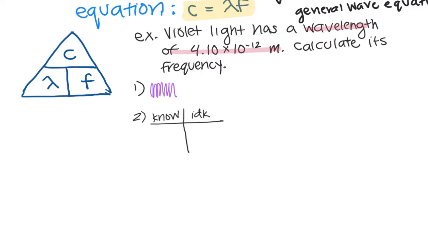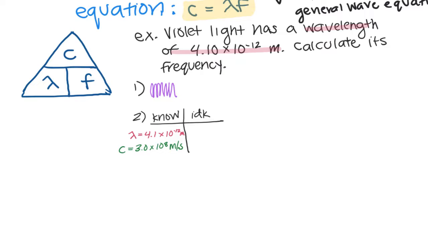So I can write out that lambda, which is the variable we use for wavelength, is equal to 4.1 times 10 to the negative 12 meters. The other thing that we always know is the speed of light, which is a constant. C, for speed of light, is always equal to 3.0 times 10 to the 8th meters per second.